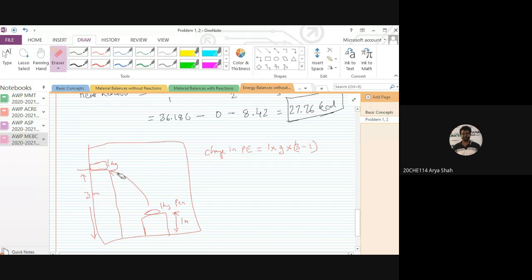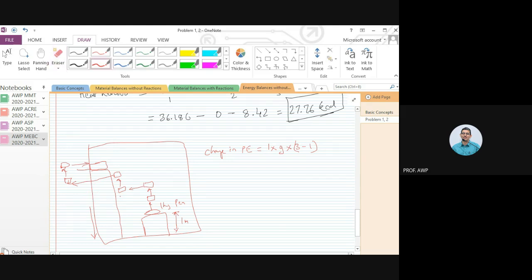Yes, sir. Or if you want, you can take that 1 kg pen from here to here to here to here to here to here to here. That is your path. That is your dynamic state.